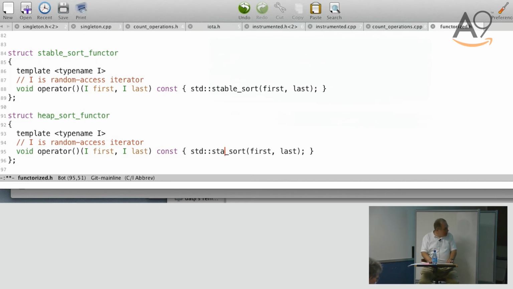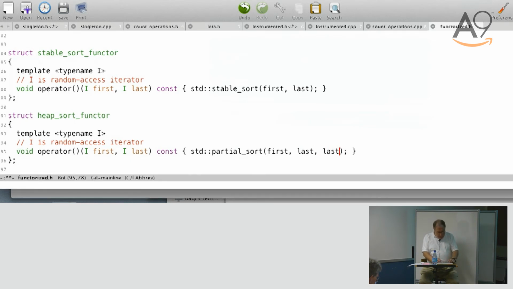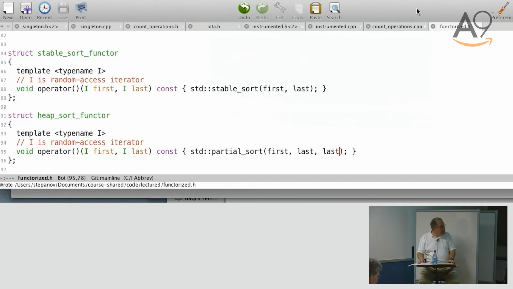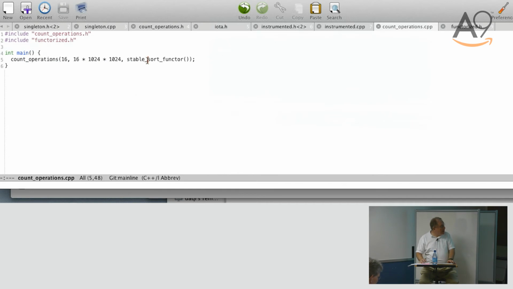Anybody could help me here? Partial sort, first, last, last. Everybody agrees? Let us see if we figure out how they differ. I have to go back to this and say heap sort.